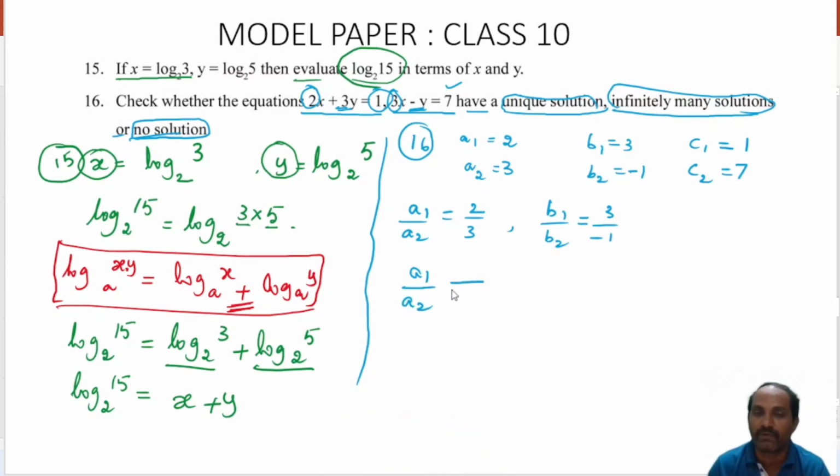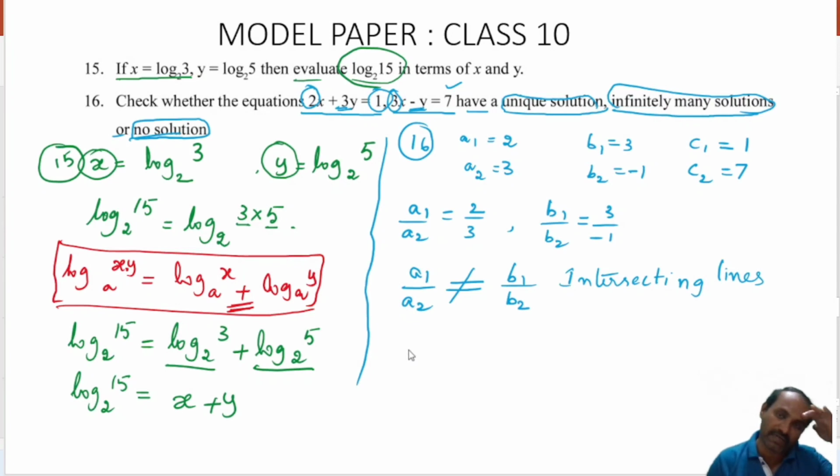That's why these are intersecting lines. Intersecting lines have only one solution, means a unique solution.